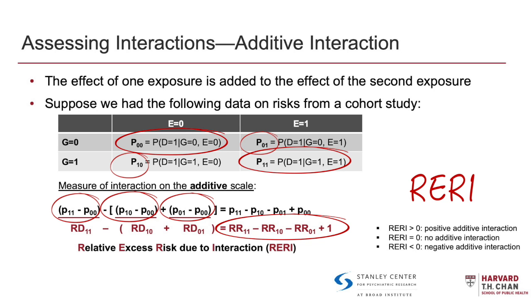If this number is greater than 0, we would say there is positive additive interaction. If the value is 0, we would say there is no additive interaction. If the value is less than 0, we would say negative additive interaction.